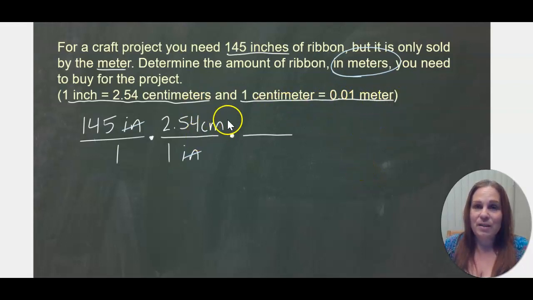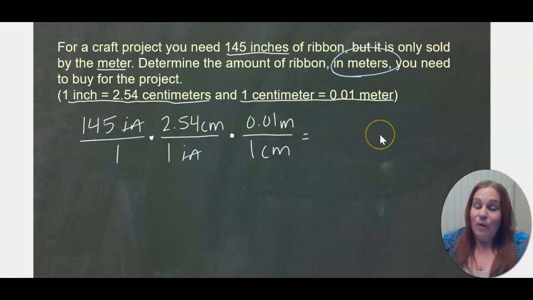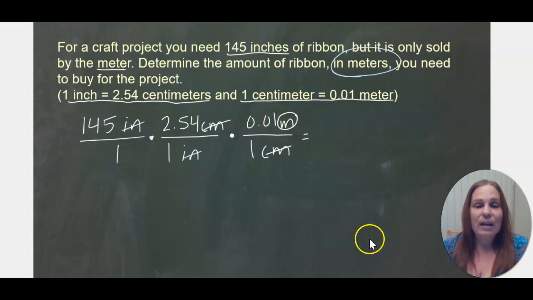I want the centimeters to cancel, so it has to go on the bottom because the other centimeter is already on the top. And then 0.01 meters goes on top. So my centimeters cancel.